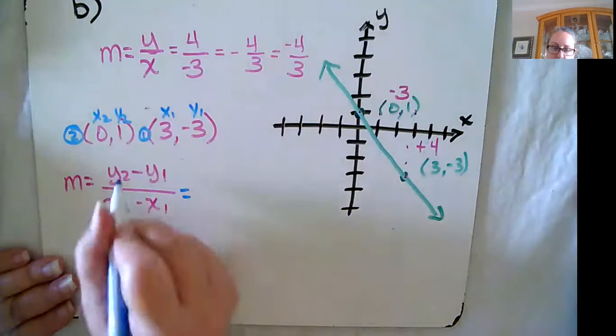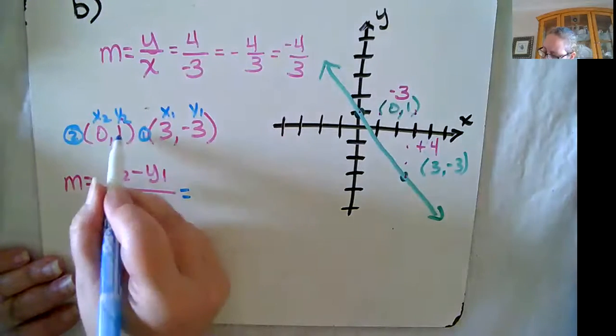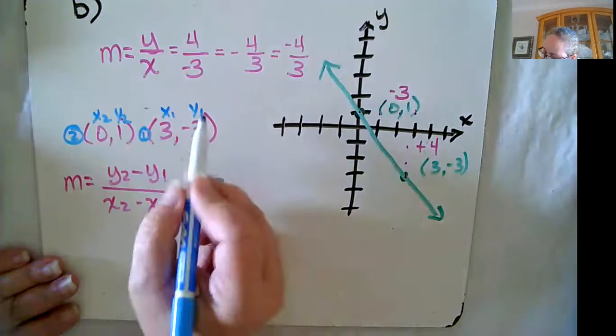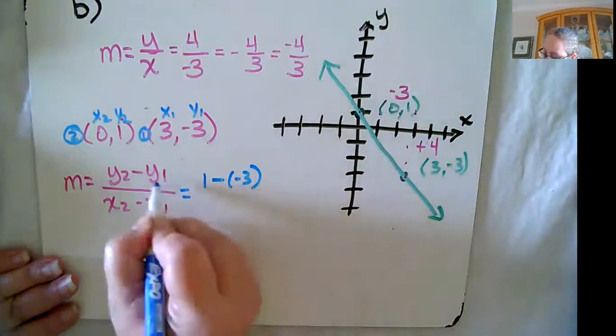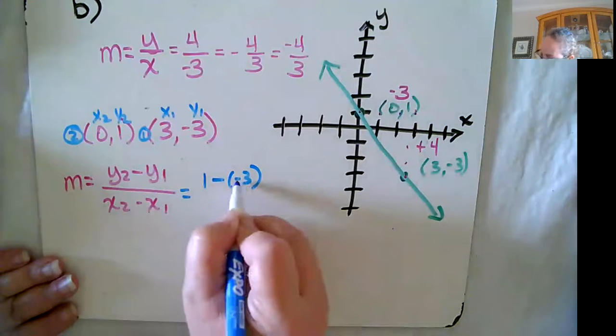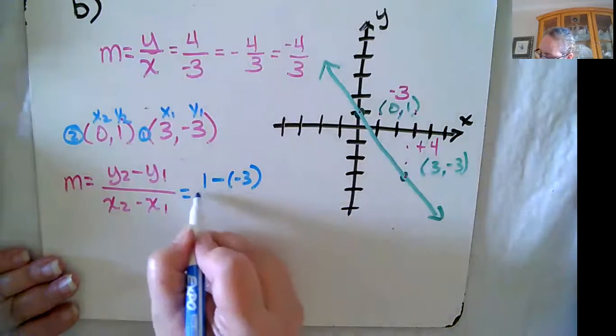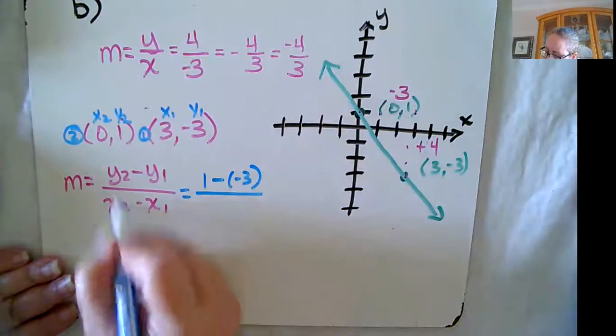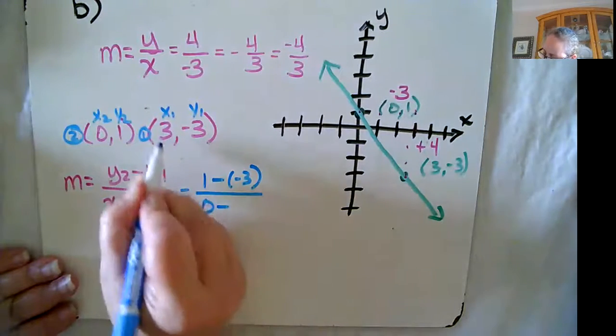Now we want to make sure that we plug it in correctly. y2 comes first, so 1 minus y1, which is a -3. That negative is there because of the formula. That negative is there because it's part of the value itself of the number. Now x2, which is 0, minus, because of the formula, x1.